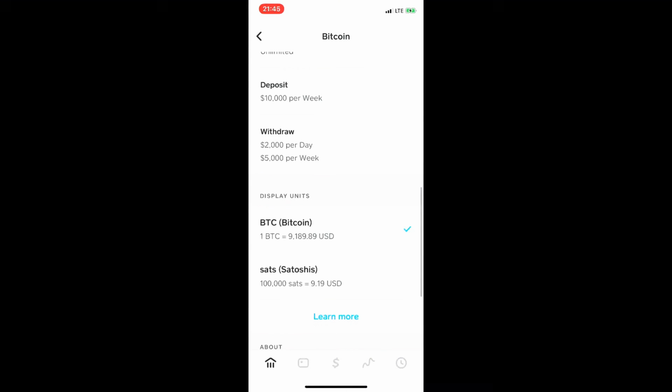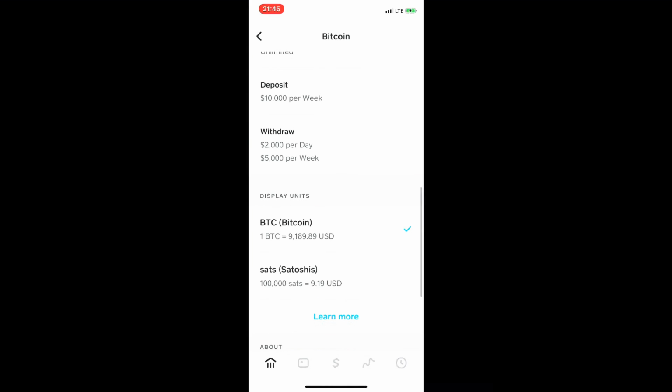Your first couple transactions on Cash App with Bitcoin, they're going to be sending you emails asking you, did you authorize this? That's just a part of getting verified and making your account stronger. So that's why I am where I am with 100,000 per week, because I kind of built up that tolerance with the Bitcoin on Cash App with my account.